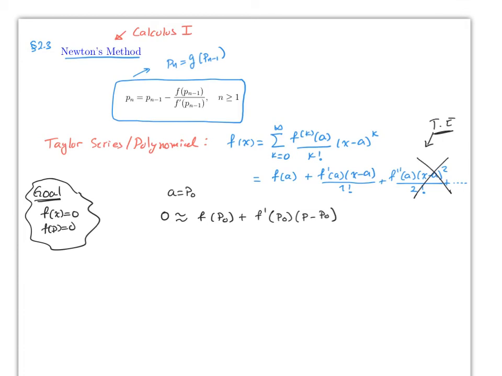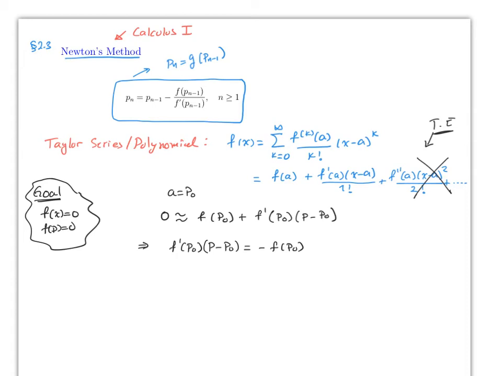Now, if we do a little bit of algebra, we will get the following. We will have f prime of p0 times p minus p0 is approximately equal to minus f of p0. So technically just move this to this side and then just get this.